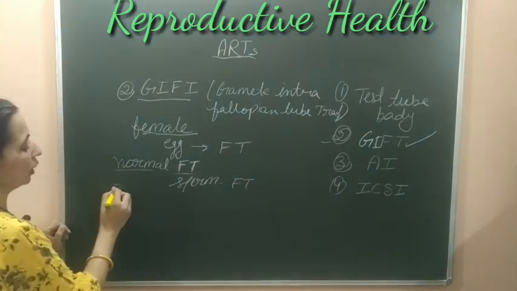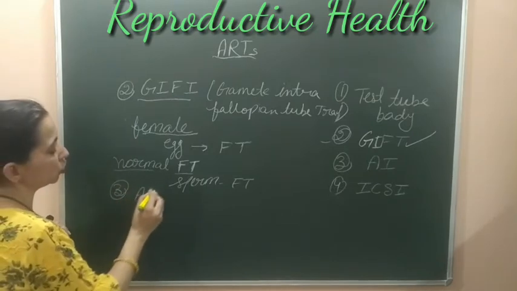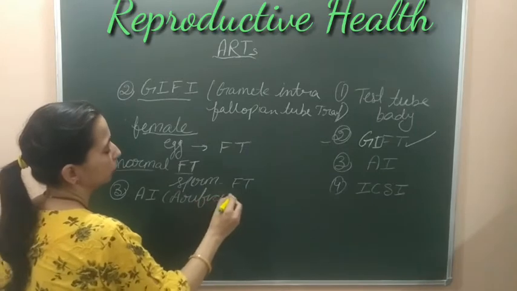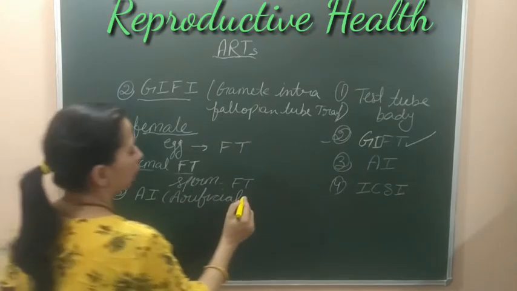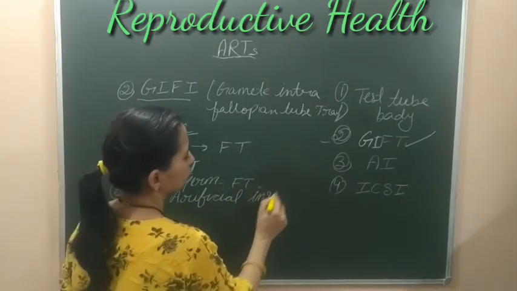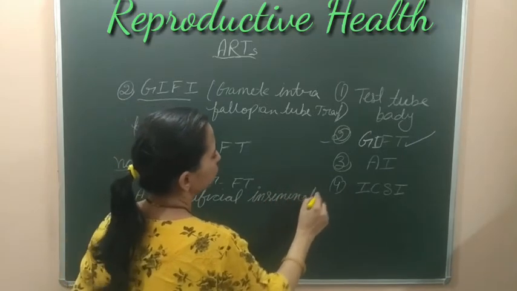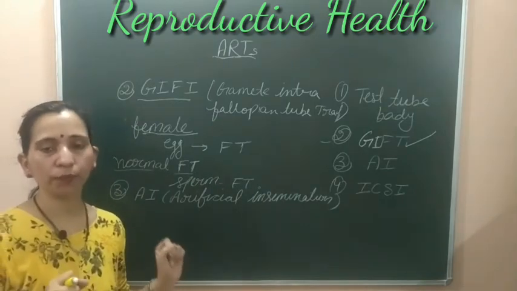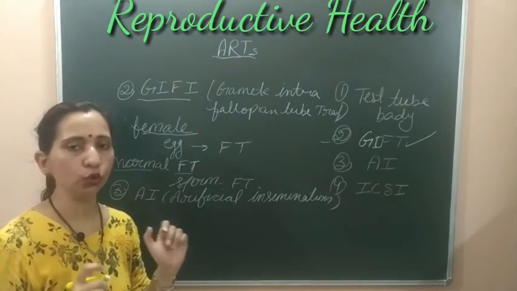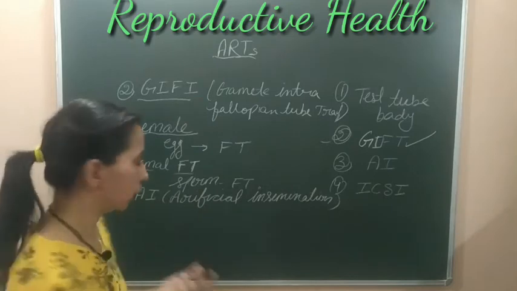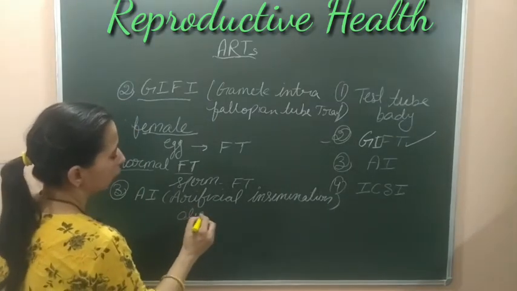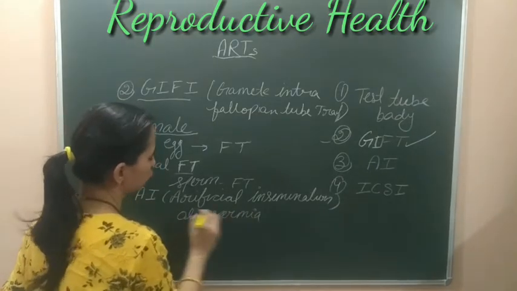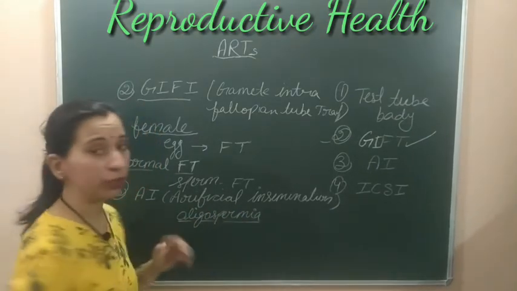Now let's start the next technique, that is AI, artificial insemination. This is the technique used in the case of oligospermia, where the male is not able to produce a sufficient amount of sperm and the sperm count is less.